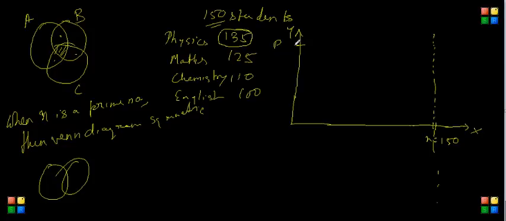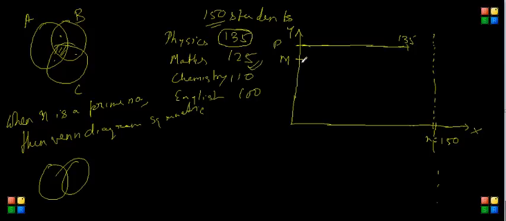I can take a full line segment of 135 or break it into chunks such that the sum of all the chunks adds up to 135. In this case, let's take the entire chunk together. Now I'm trying to plot the variable m corresponding to maths, represented as a length of 125.